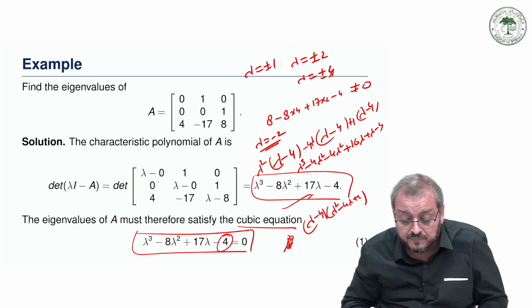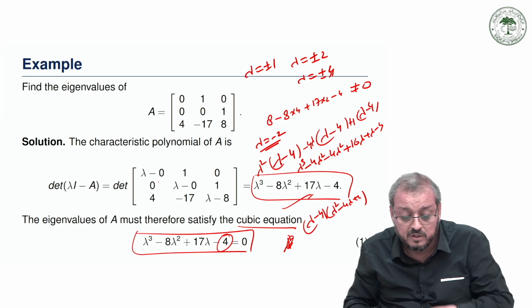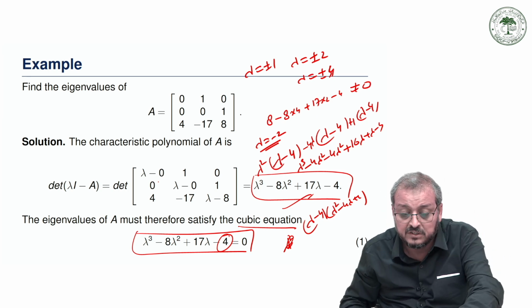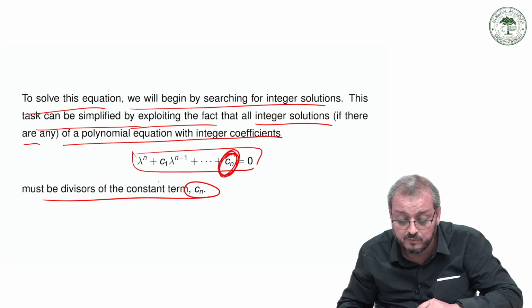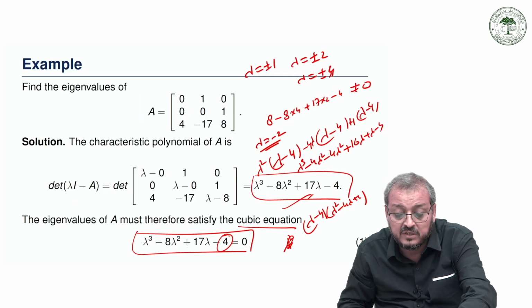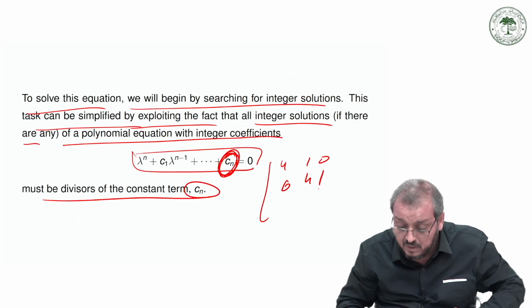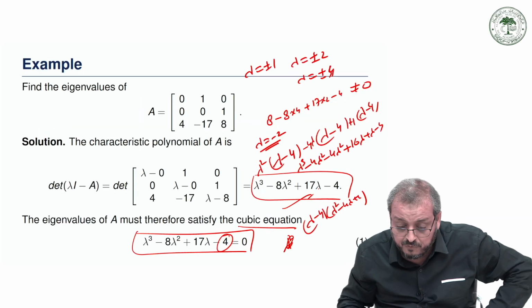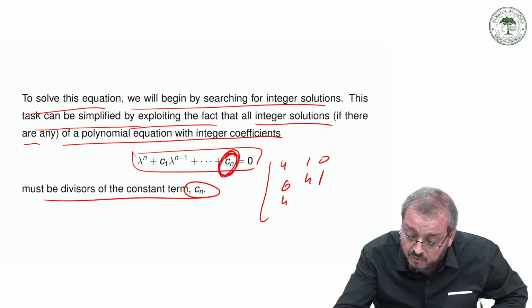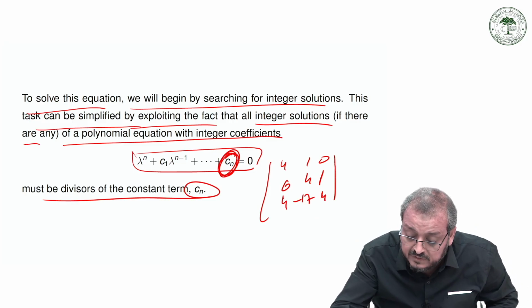In this equation we take lambda is equal to 4. This means the matrix is 4 1 0, and another row is 0 4 1, and the last row is 4 minus 17 and 4, and this matrix multiplies the vector x, y and z, which is equal to 0 0 0.